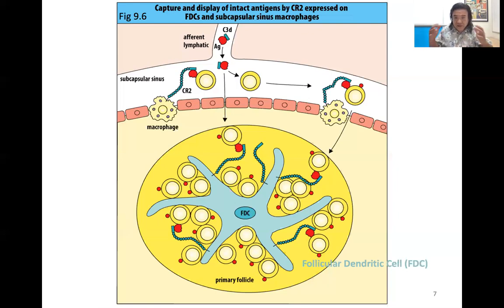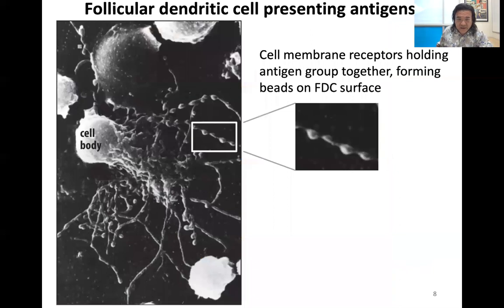And now these B cells are being told things like, okay, you should go ahead and start multiplying, and hopefully they will then later on get instructions from something like a T cell. So let's look at a follicular dendritic cell here.